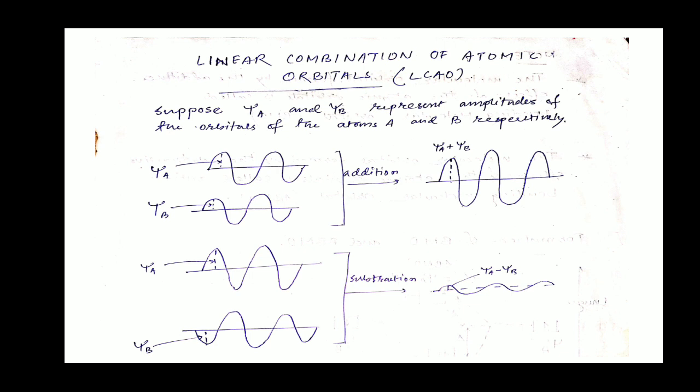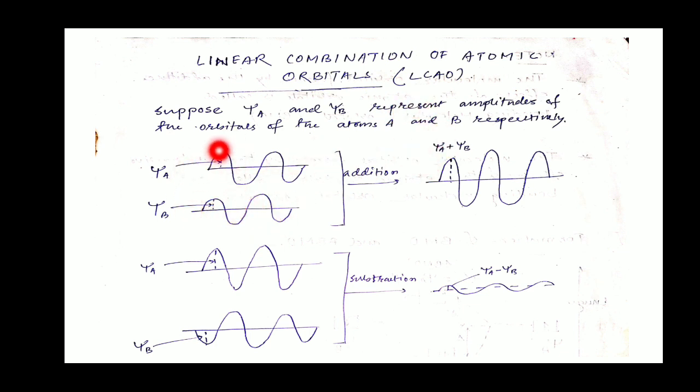Suppose psi A and psi B represent the amplitude of the orbitals of the atoms A and B respectively. So this is psi A and this is psi B. We know that psi A and psi B are atomic orbitals which can be represented by electron waves. So the electron is moving like this, and it is psi A and it is psi B.